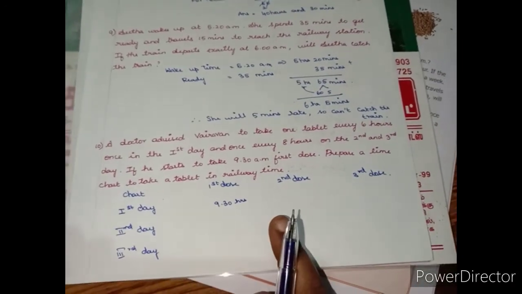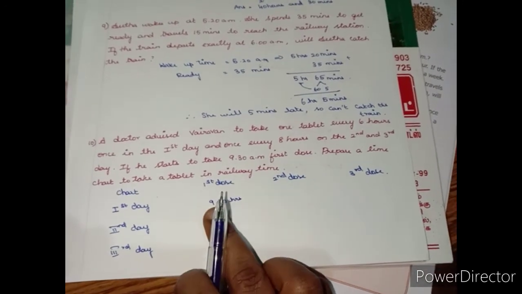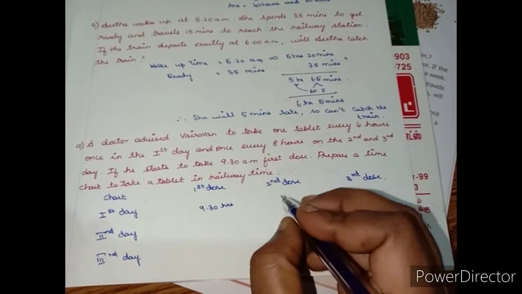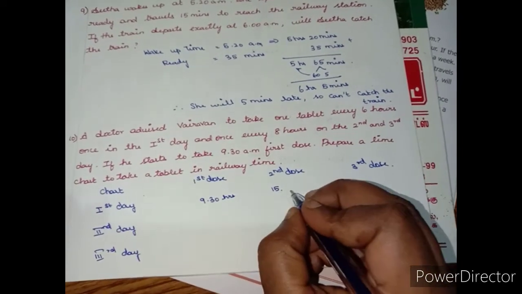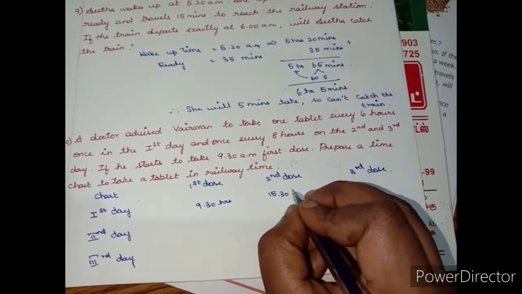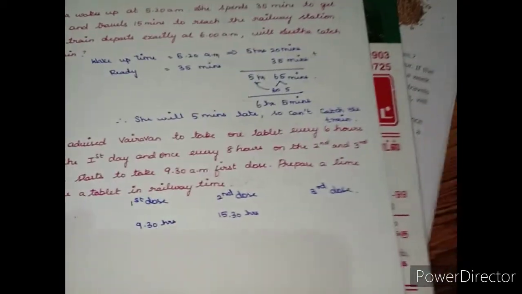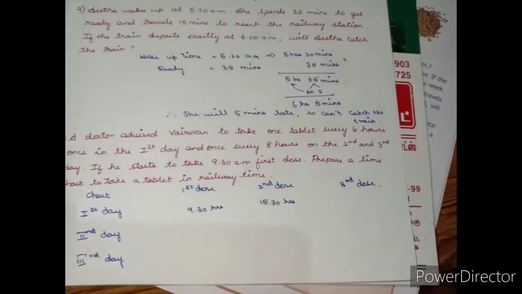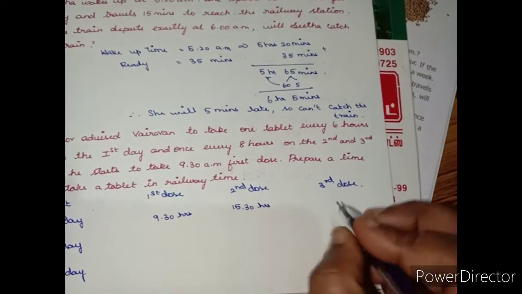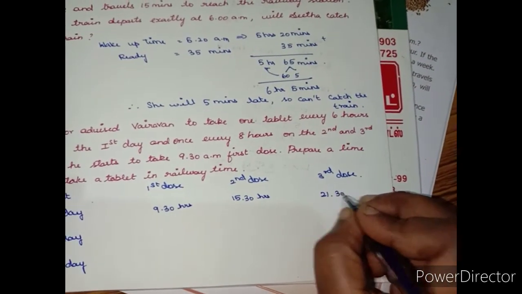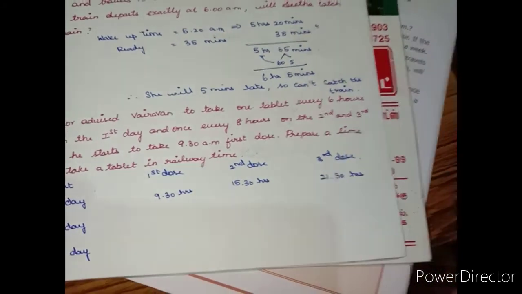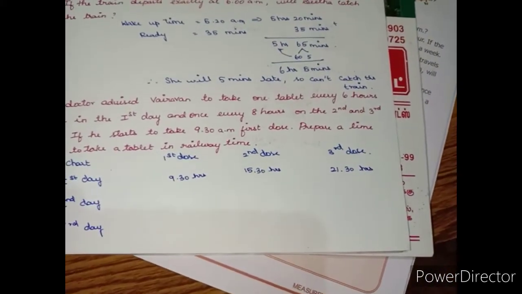What will be the second dose? So 9 plus 6, it is 15:30. That is afternoon 3:30 he'll be taking the second dose, plus 6, 21:30. That is by night 9:30 he'll be finishing the third dose.